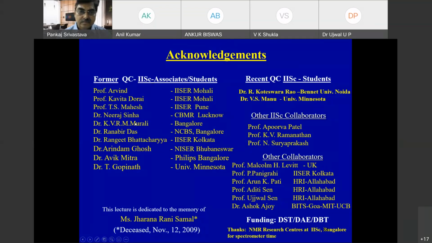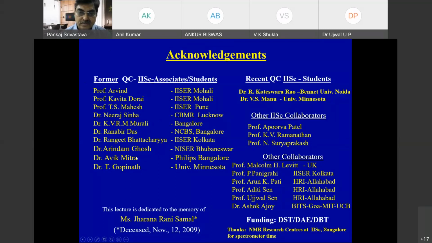Murali was working in IBM, and then he opened his own company here in Bangalore. And he did a very interesting experiment. I'm forgetting the name. Ranveer Das, I already talked to you about it. Rangeet Bhattacharyya is in Kolkata.